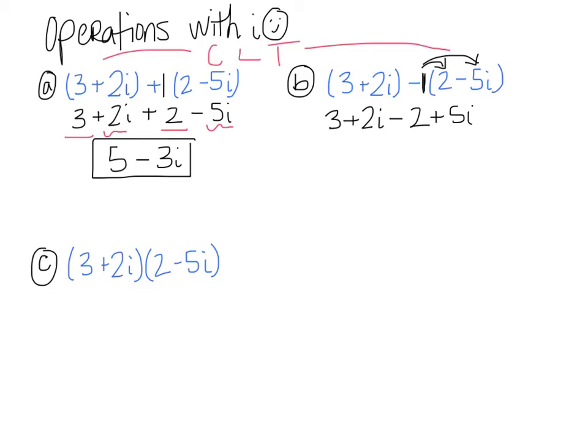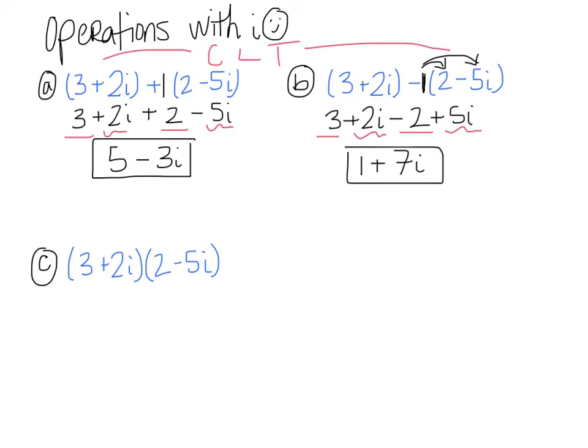Now my like terms are still in the same place. I have 2 whole numbers and 2 imaginary numbers, 2 complex numbers. But when I combine them, they'll be a little different because my values are different. So I have 3 minus 2 is 1, and 2i plus 5i is a positive 7i. Okay, so that would be what adding and subtracting would look like.